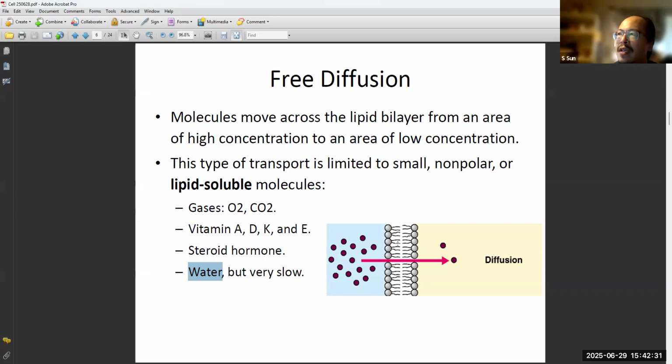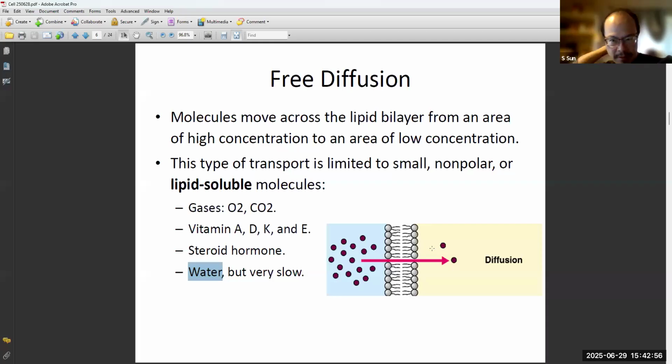When they move around, they can have some openings that allow water to go through. Although water can go through, it goes through very slowly. So those are the primary things that can move across the cell membrane freely.